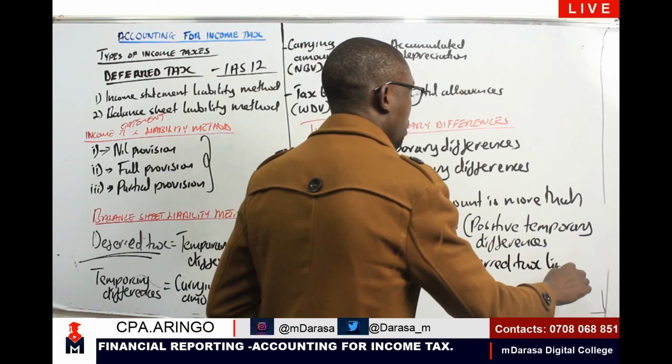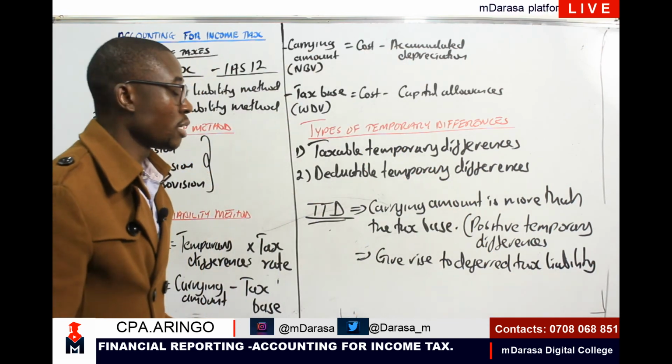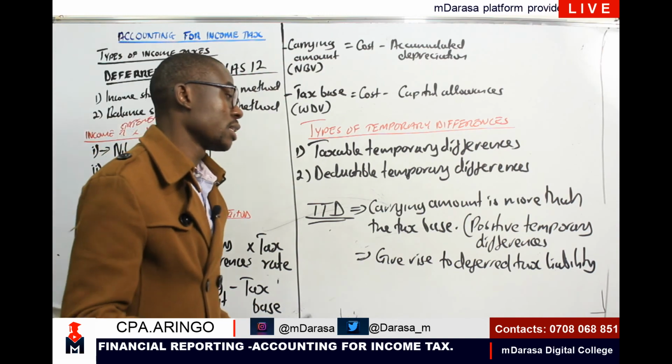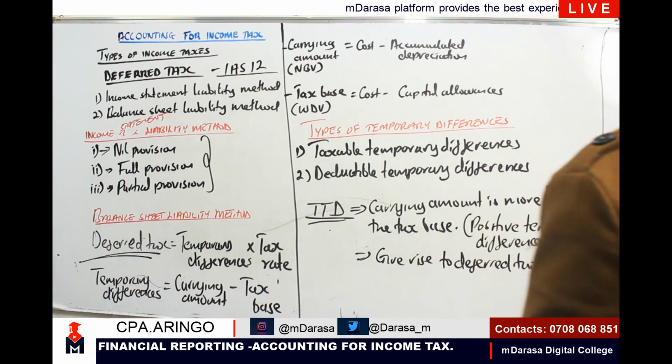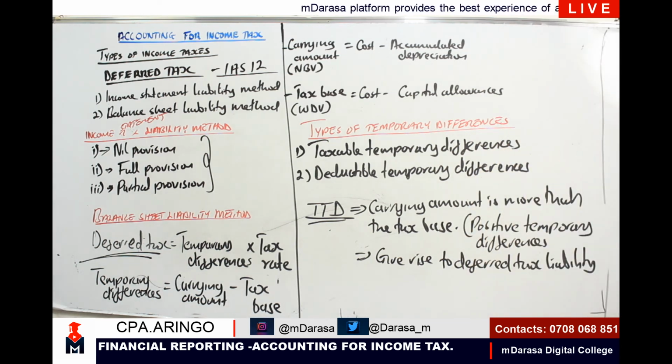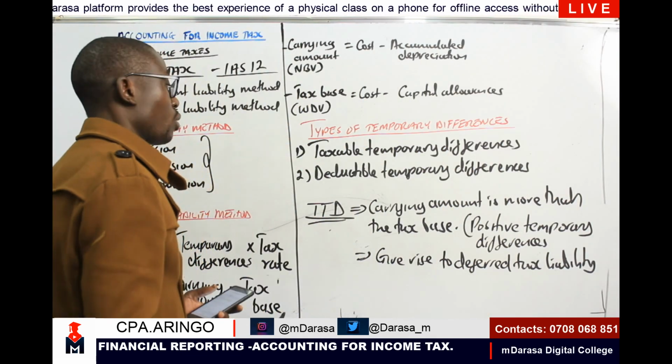It will give rise to deferred tax liability, meaning that it will give rise to an obligation in future. So that is one element that we should be able to understand when it comes to TTD, taxable temporary difference.